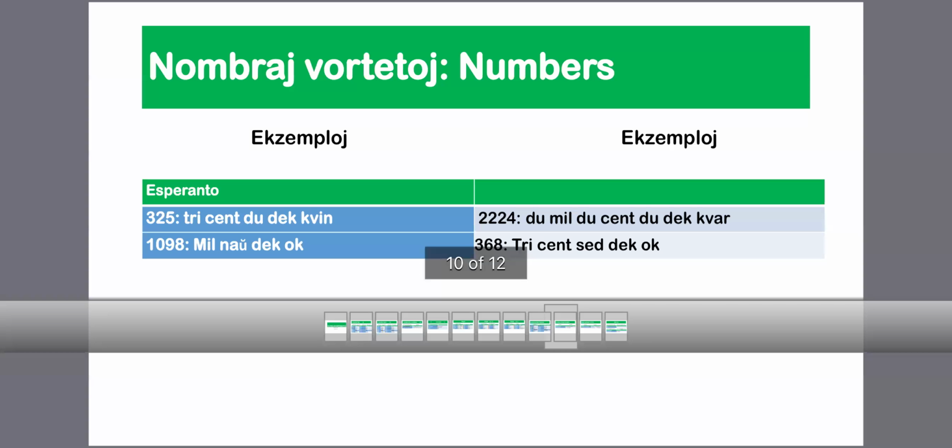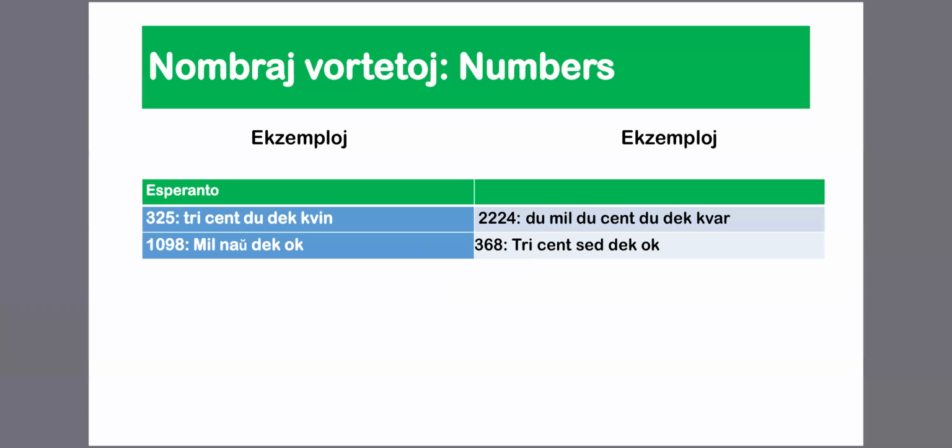You write down with a pen and paper. If it's 1000, 1000 is mil. If it's 900, it's now cent. If it's 98, now cent, now dek ok. This is how we can pronounce.